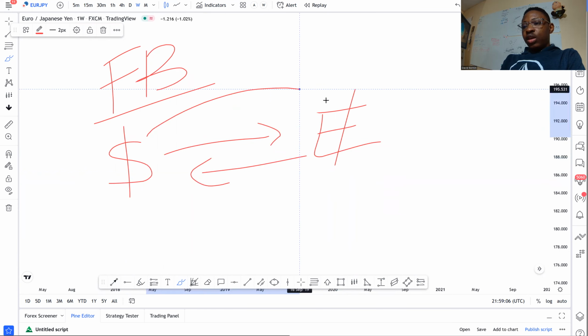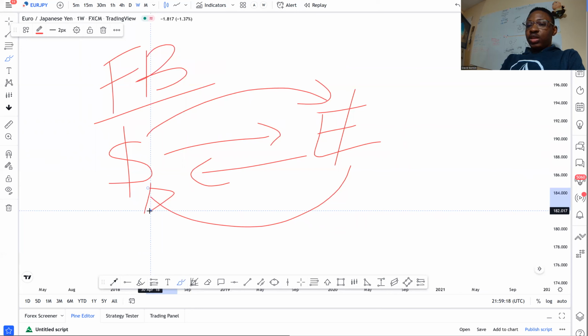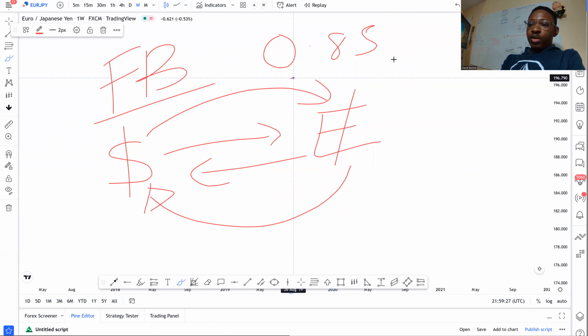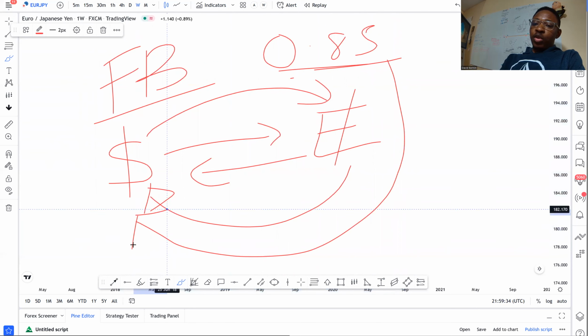When you give them the dollar, they'll give you euro. But you realize that the amount of money you give them is always higher than the opposite. Let's say you give them $1 and they give you 0.85 euro.